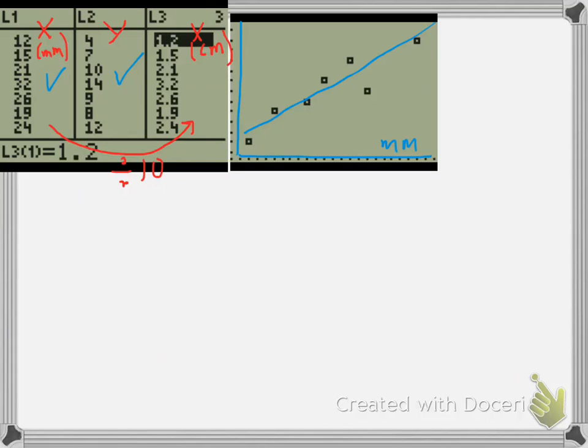The catalog is second and 0 on the calculator. Don't forget to do second and then 0, and then all the way down to diagnostics, On, and then enter, and when you run the linear regression, it gives you the R squared and R. So I'll show you that screen right now.